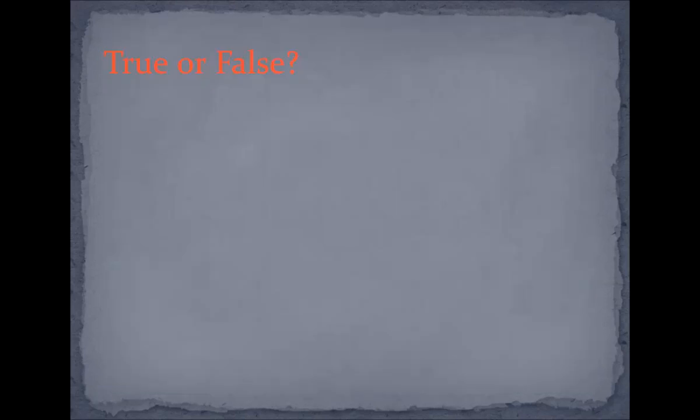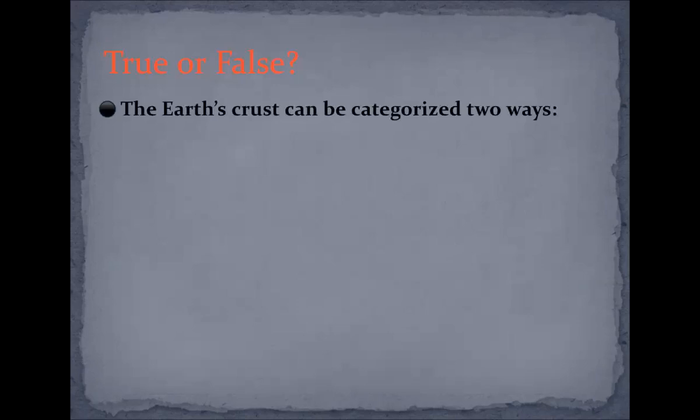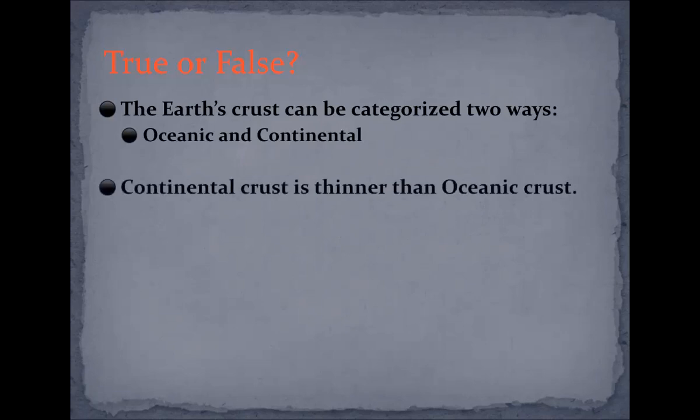All right, let's go through some questions. So the Earth's crust can be categorized two ways, oceanic and continental. True or false? True, very true. Continental crust is thinner than oceanic. Okay? So what is it then?